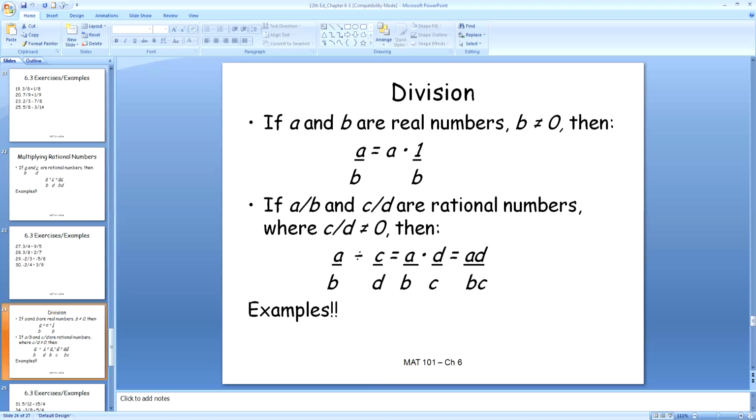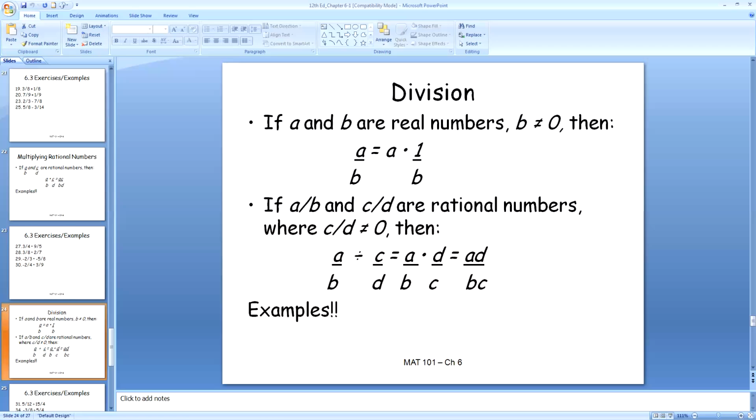In division, if you have real numbers, a divided by b, a times 1 over b is the same as saying a over b. And if you have rational numbers where a and b and c and d are dividing one another, it's the same as taking the inverse and multiplying.